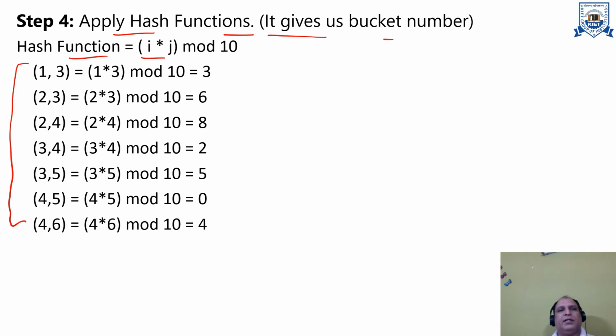Suppose in the candidate table we have 1 3: 1 into 3 mod 10 is 3, so the bucket number is 3. 2 3: 2 into 3 means 6, mod 10 is 6. 2 4 means 8, mod 10 is 8, and 3 4 is 12, mod 10 is 2, the remainder. 3 5 means 15, mod 10 means 5, like this. 4 5 is 20, 20 mod 10 means 0. 4 6 means 24, 24 mod 10 is 4. So now these are the bucket numbers.